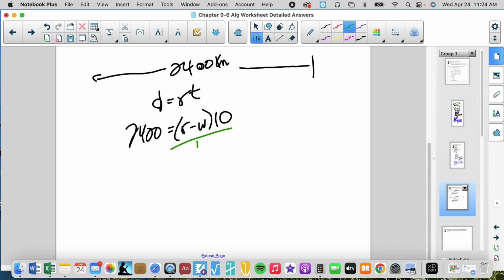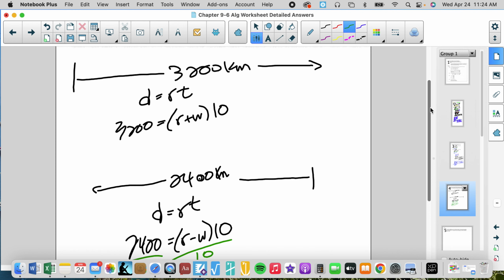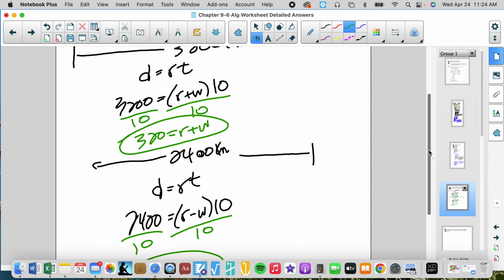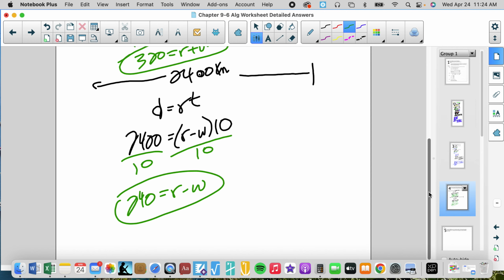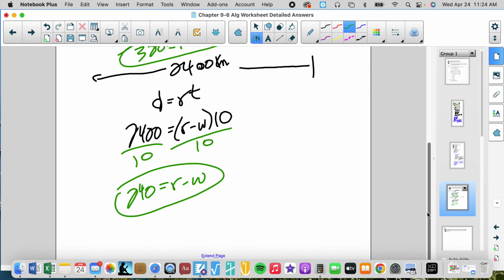We're going to divide by 10. Actually, it works out because we get 240 equals rate minus W, and we divide by 10, we get 320 equals rate plus W. So we still get two equations that are equivalent because they have the same variables.